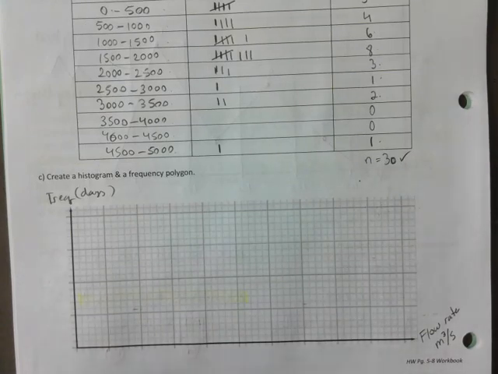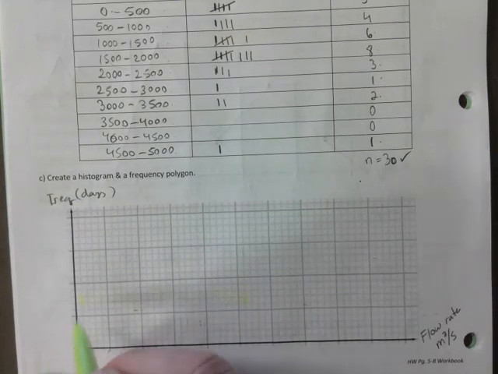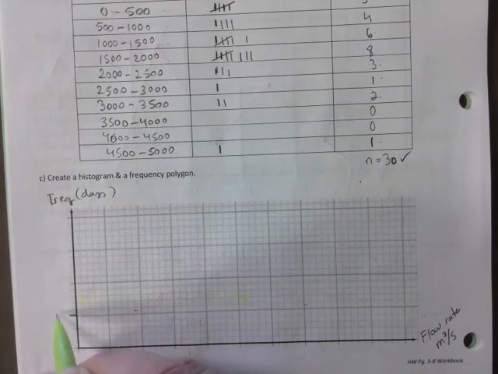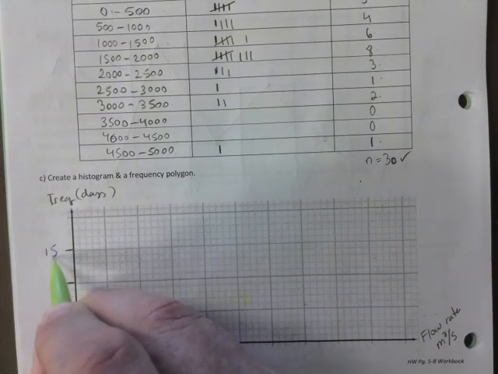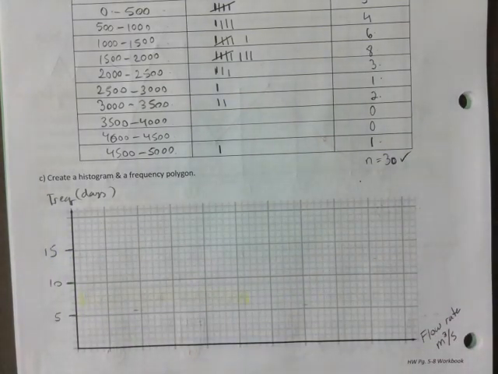Cubic meters is volume. And my frequency is probably the easiest to do. The highest number I ever get to is 8. But to make it easier, I'm going to go 5, 10, 15, which is more than enough what I need. I don't go past 10 anyways. So this is good. What about down here?